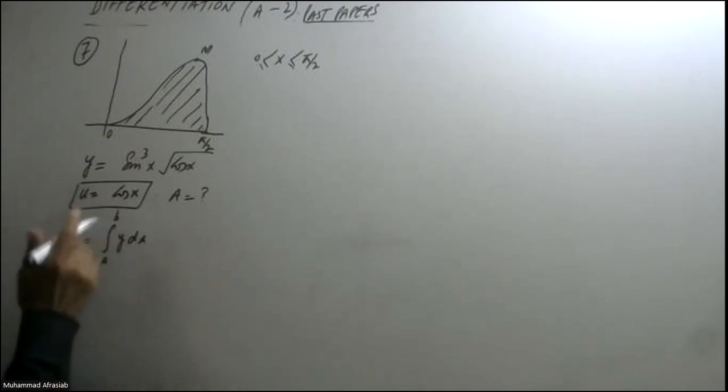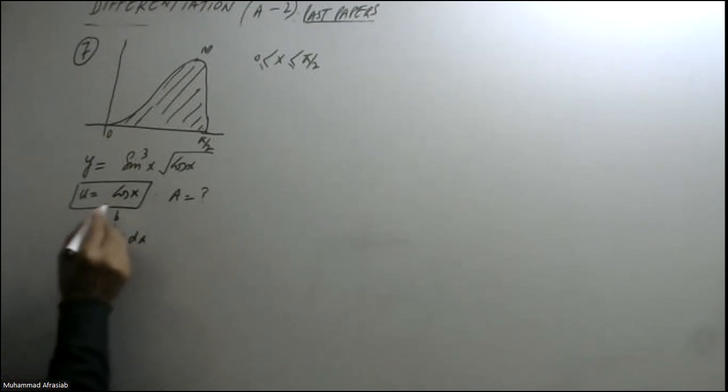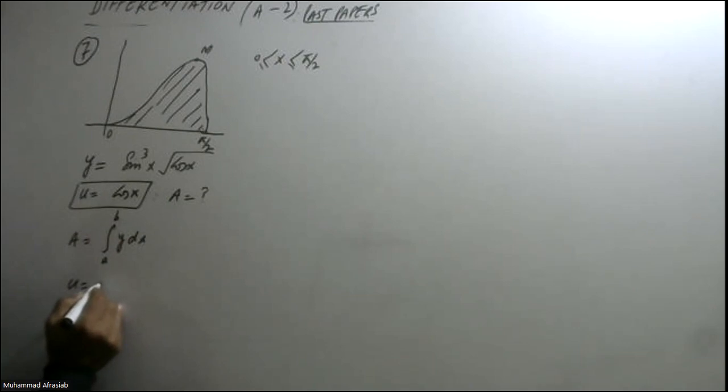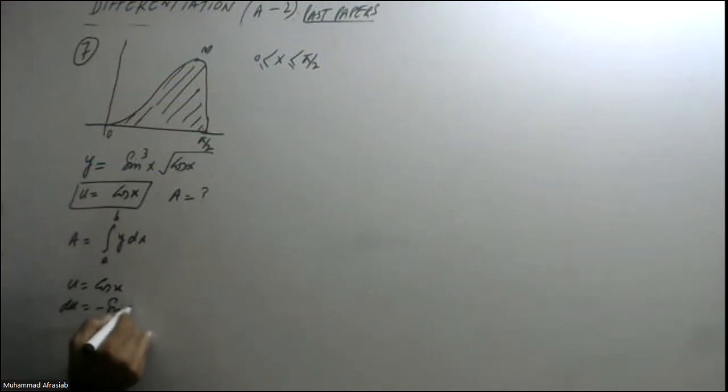So we are going to use u is equal to cos of x. Then du will be equal to minus sine of x into d of x there.